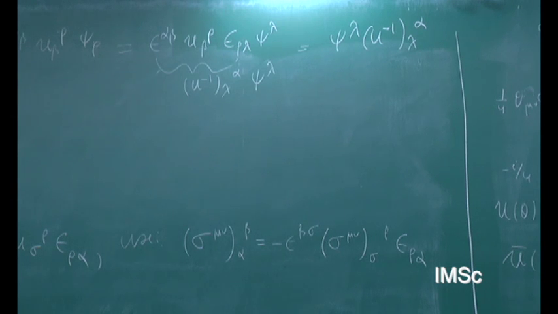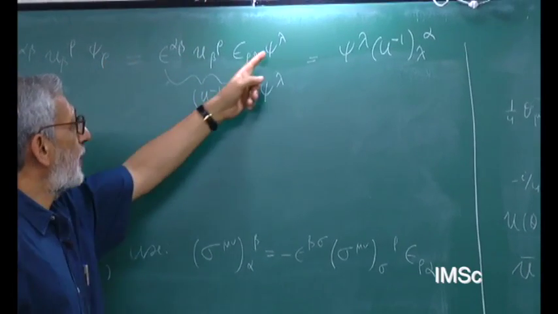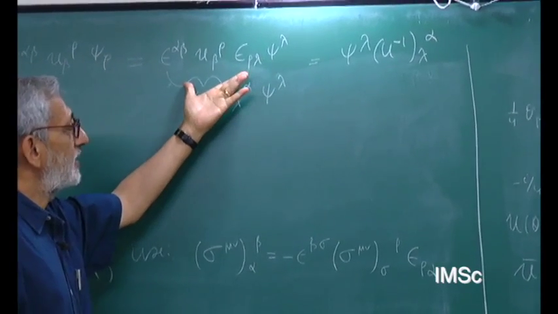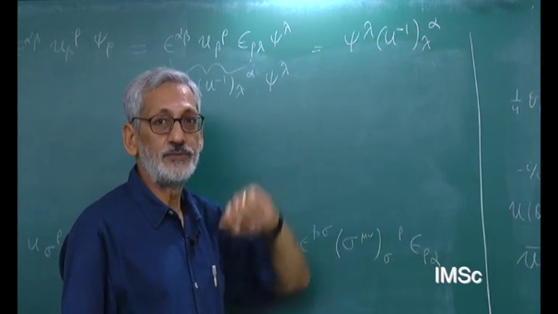Just from the definition, we define the upper index psi alpha through this contraction, use the transformation properties of what psi down is, raise this lower to up again, and use the identity that this object is nothing but U inverse lambda.